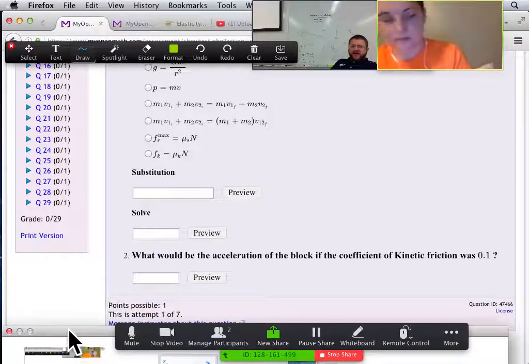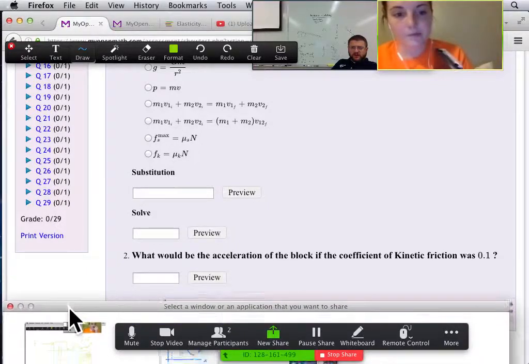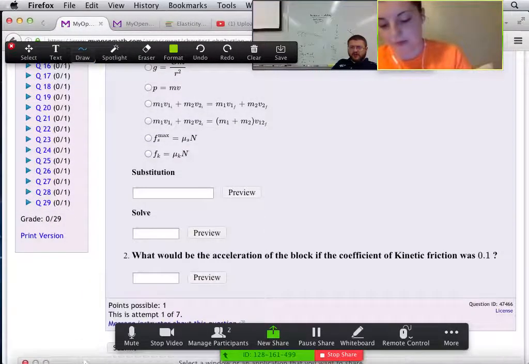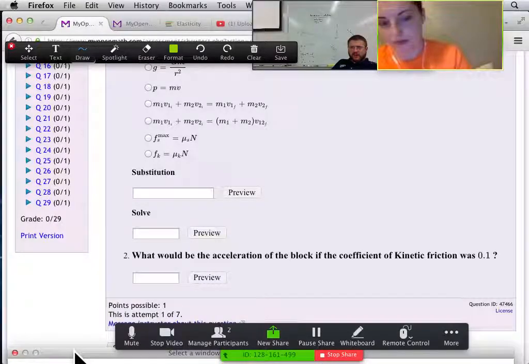Did you type it in as A equals the number? Yeah. I typed it in as A equals the number, space, m divided.